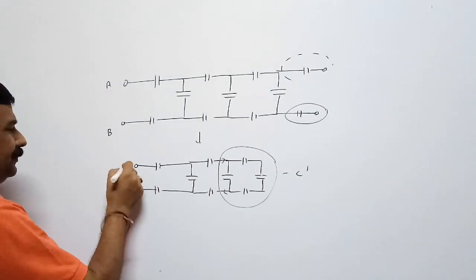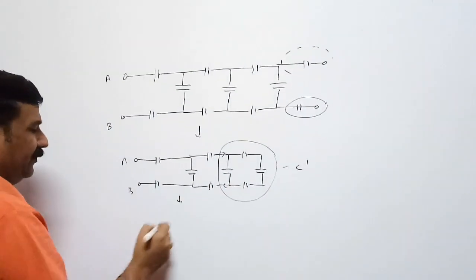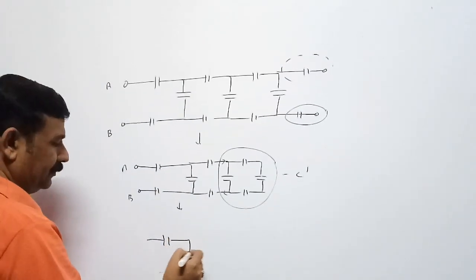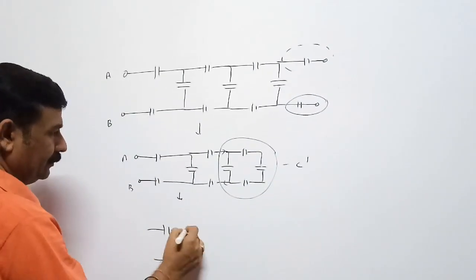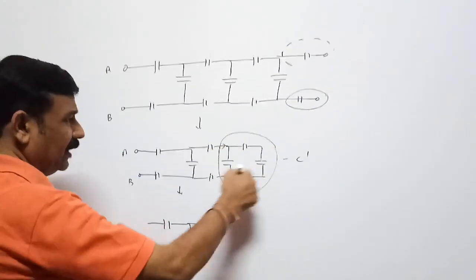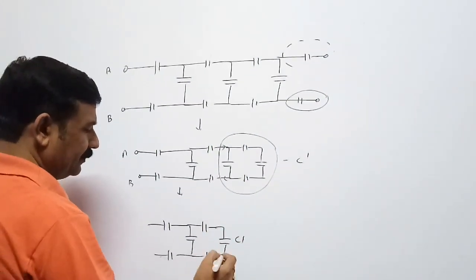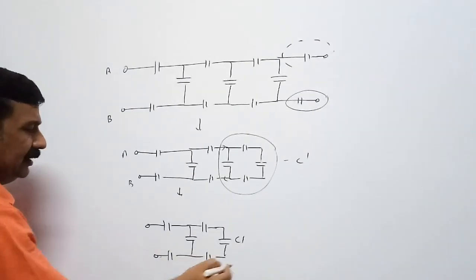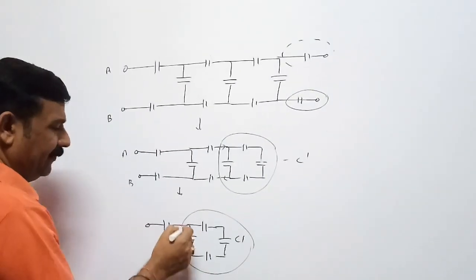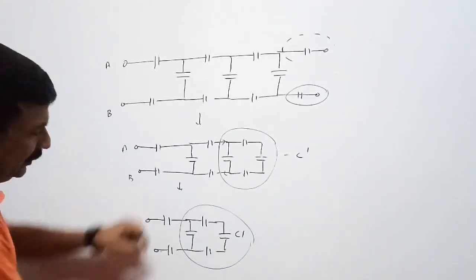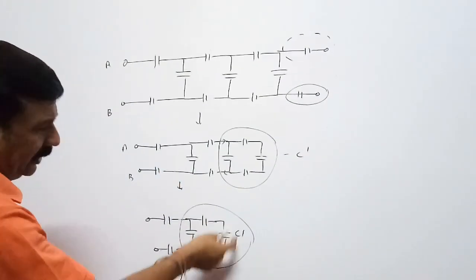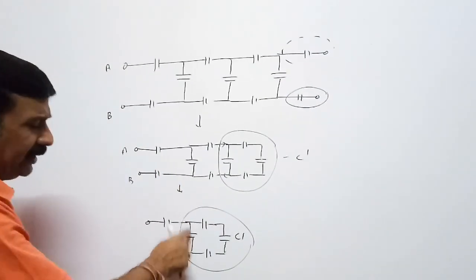Remove this group. Figure reduces to: instead of this, we write a single capacitor of capacity C dash. Again, this is a subgroup having one entry, one exit. With respect to these two, these three are in series. That and this one are in parallel.